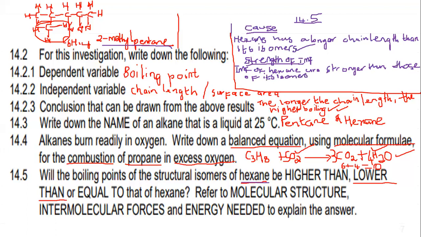And lastly, I must talk about the energy. Now, if hexane has stronger intermolecular forces, it means we will need more energy to break those intermolecular forces, or to overcome those intermolecular forces. And for the isomers, if the intermolecular forces are weaker, then we will need less energy to break those intermolecular forces.